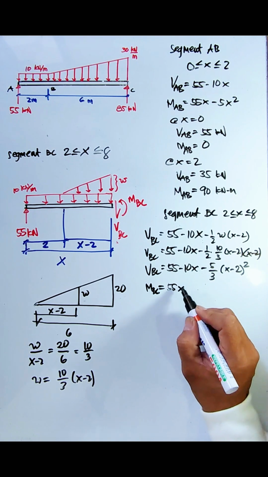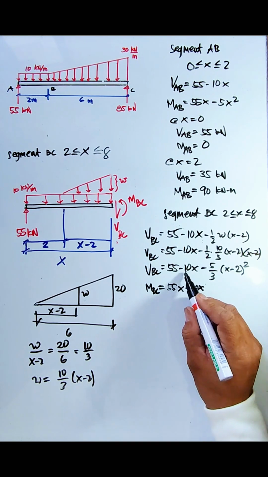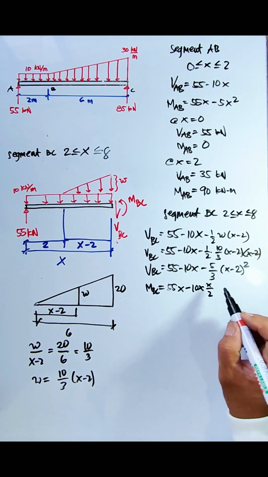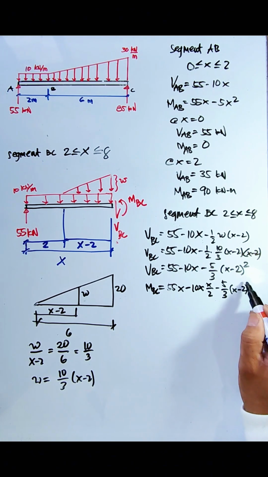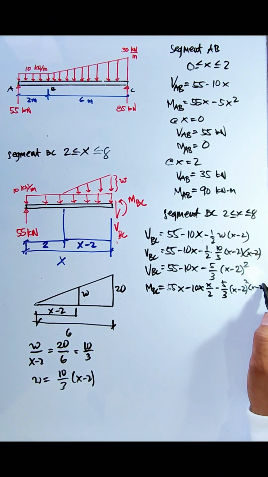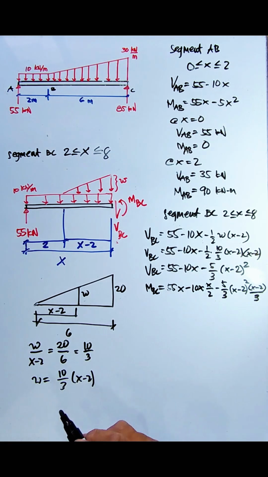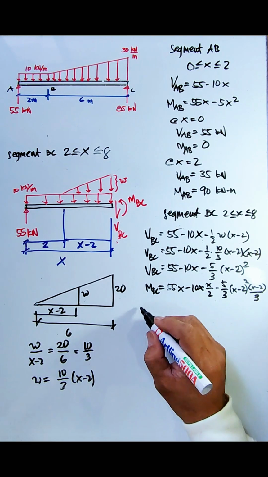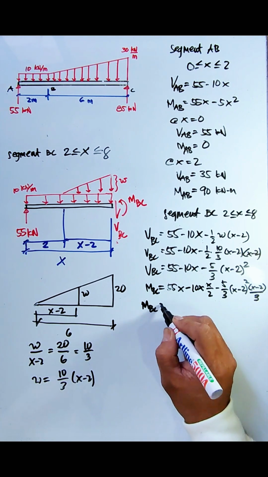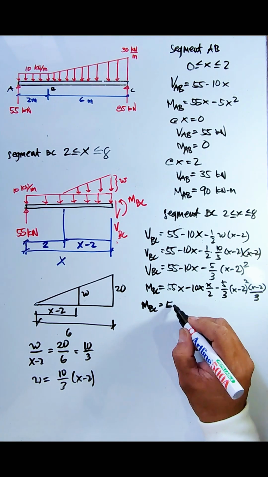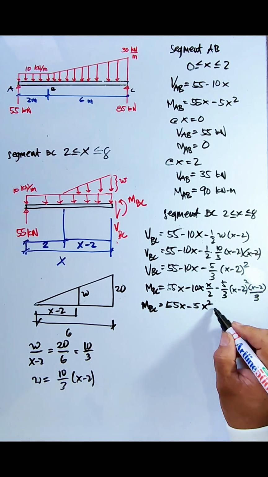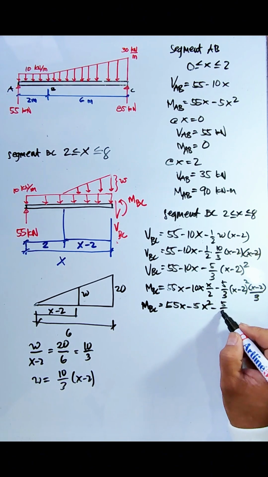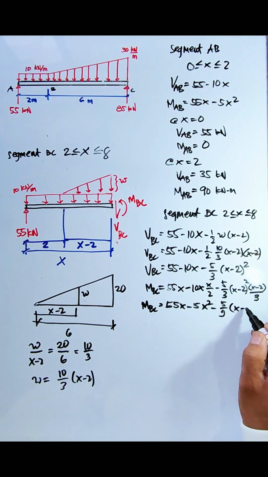That's 55 times x, minus 10x, the moment arm will be x over 2, minus this one, the moment arm is x minus 2 over 3, or 1/3 of x minus 2. So moment BC is 55x minus 5x squared minus 5 over 9 times x minus 2 cubed.